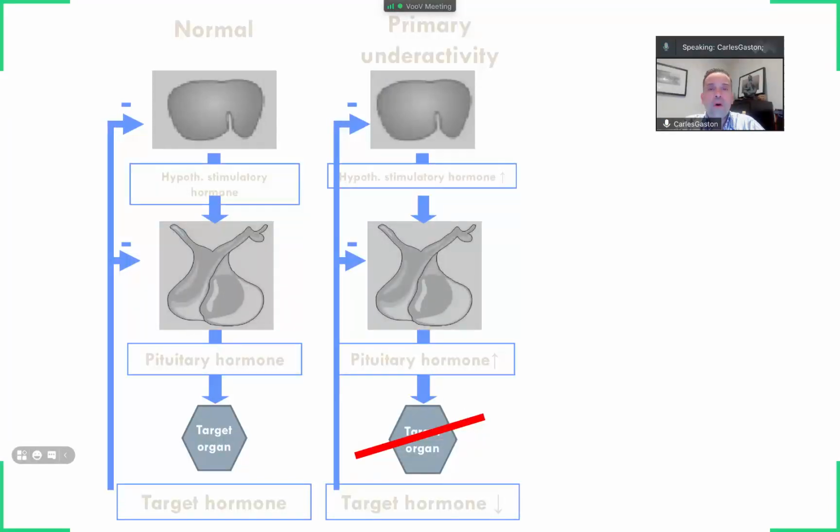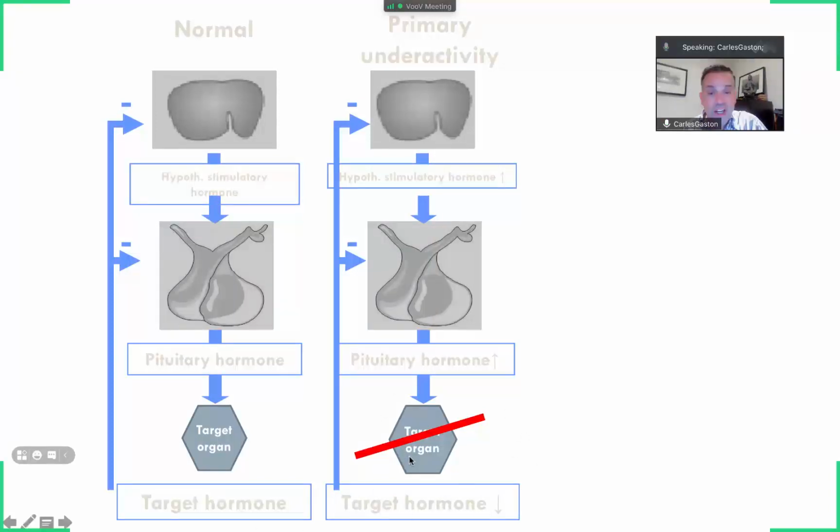Now, pituitary tumors, or tumors in the target organ or abnormal functioning, may lead to primary underactivity. What do we understand by primary underactivity? Let's say that the target organ does not work. One classical example, in animals, not in humans, although it can happen in humans, is testicular cancer, or in animals when there is castration. The target organ is taken away.